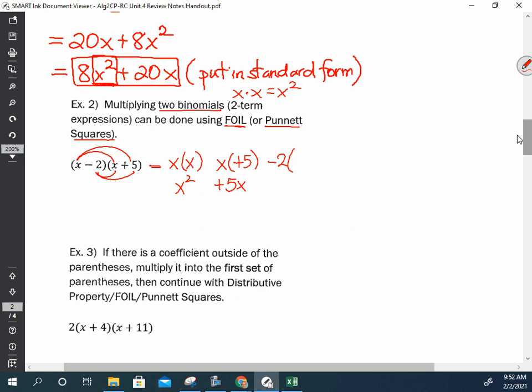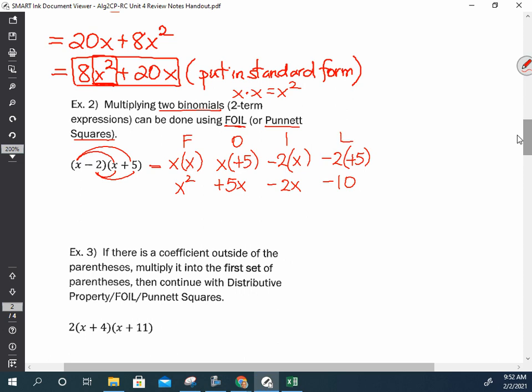Negative 2 times x, negative 2x. And negative 2 times positive 5, which is negative 10. So again, that's first, outer, inner, last.